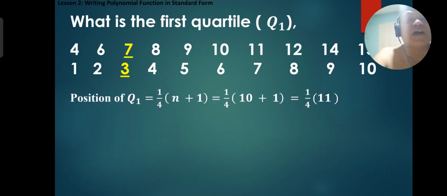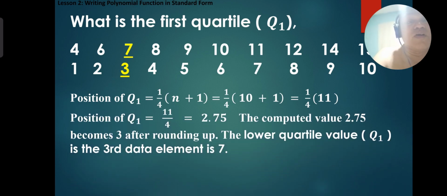We are now going to find the position of quartile 1, the lower quartile. This will be equal to 1/4 times quantity n plus 1, equal to 1 over 4 times 10 plus 1, equal to 1 over 4 times 11.